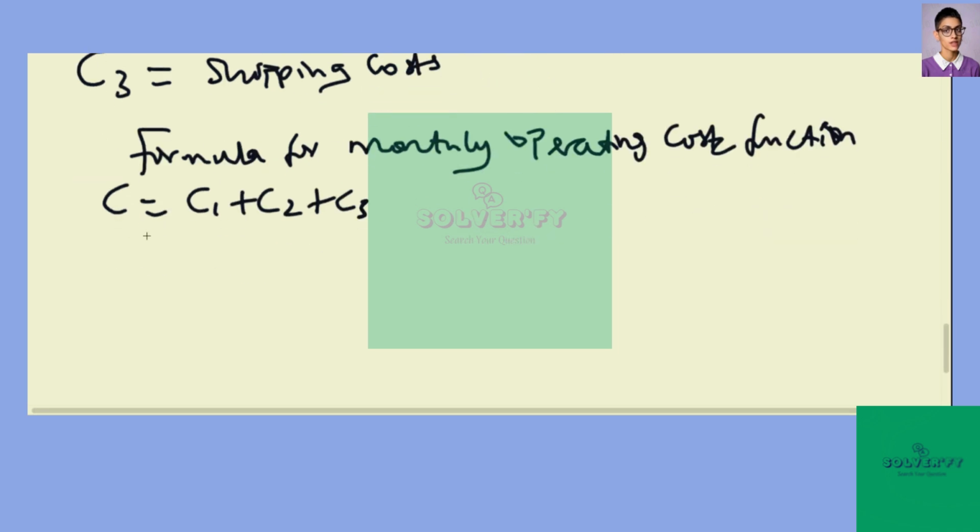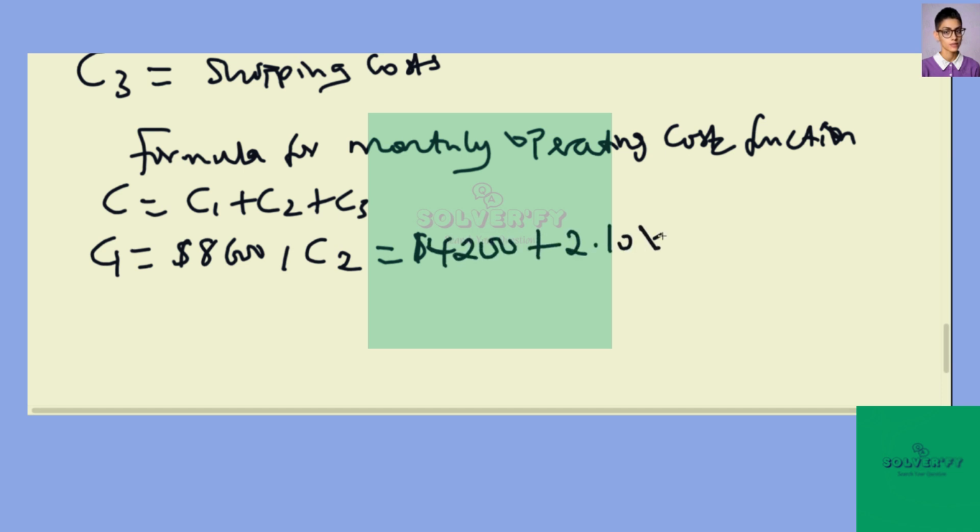So C1 is equal to 8,600. C2 is equal to 4,200 plus 2.10x2. And then C3 is equal to 3.60x3.